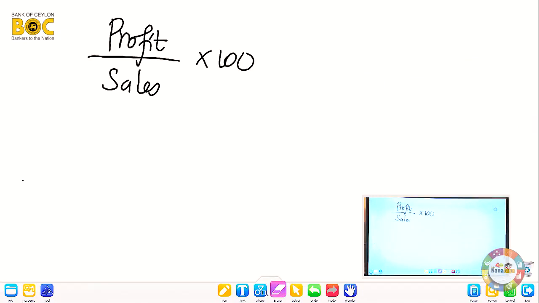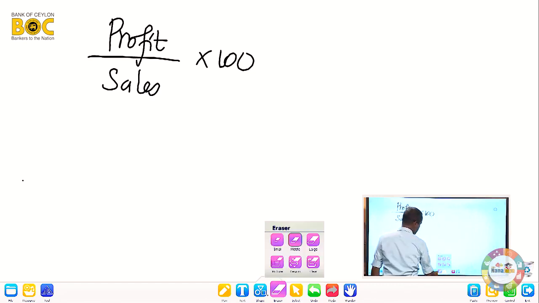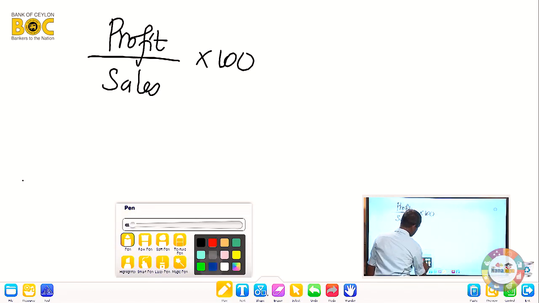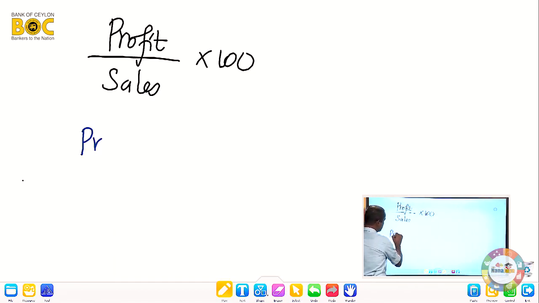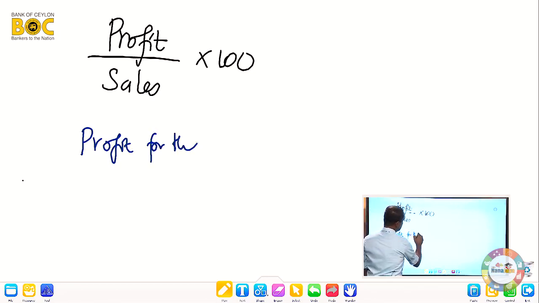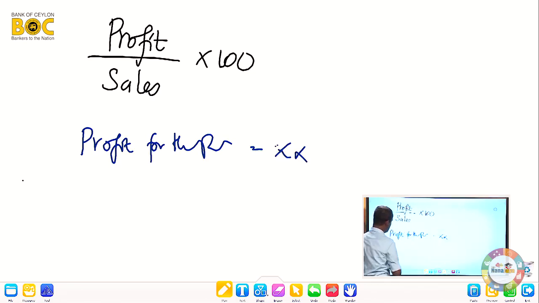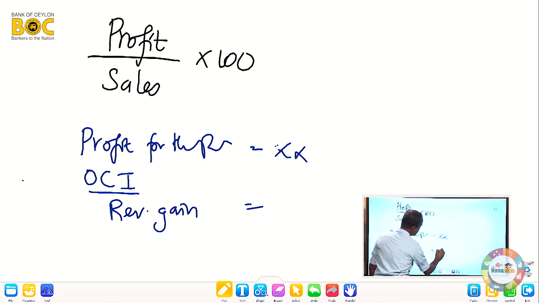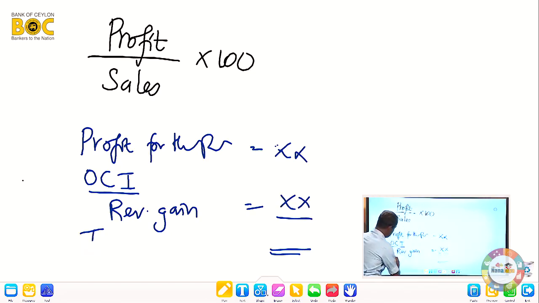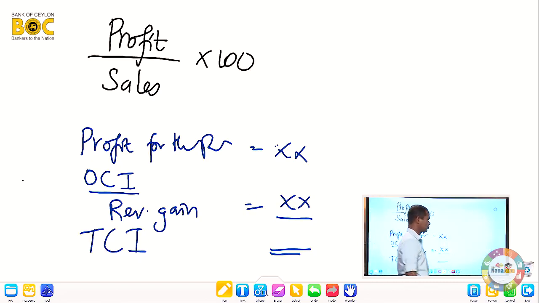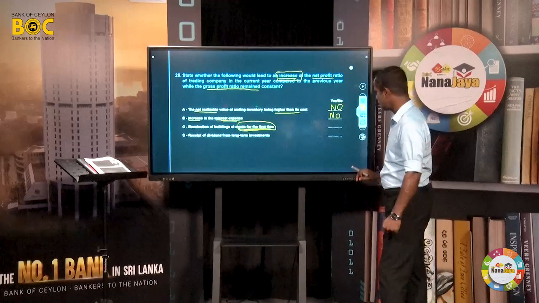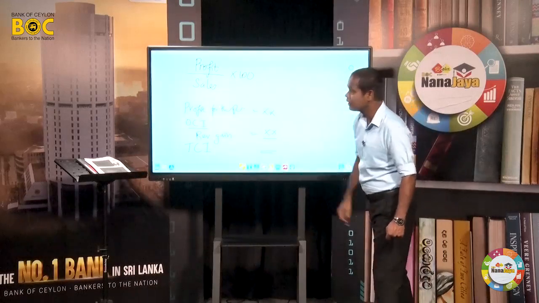In the statement of profit or loss and other comprehensive income, you have profit for the period, then other comprehensive income, the revaluation gain, and only then do you get total comprehensive income.